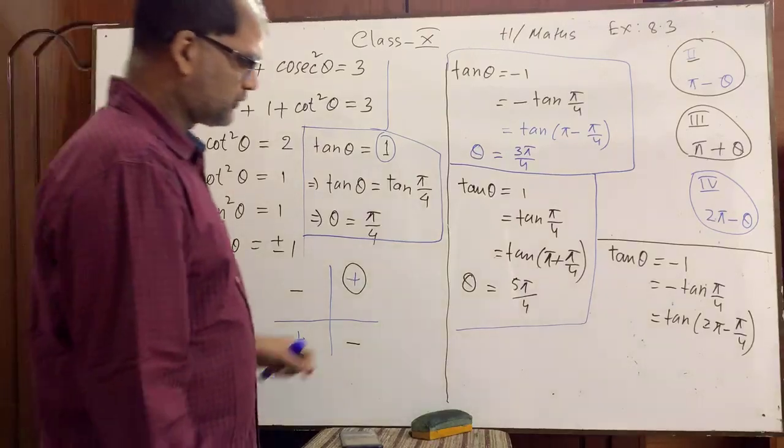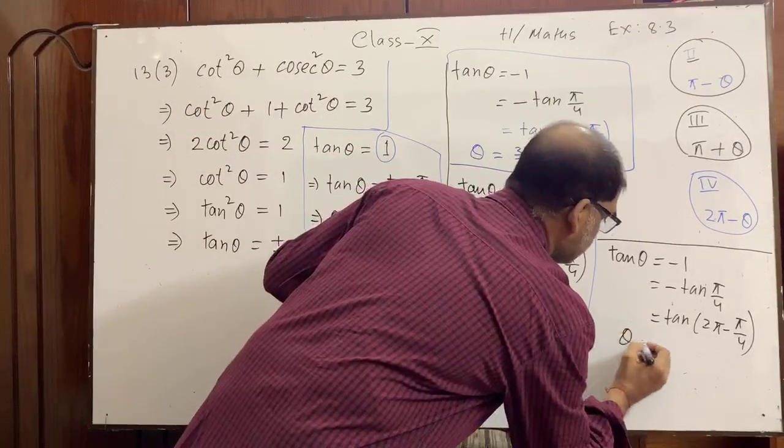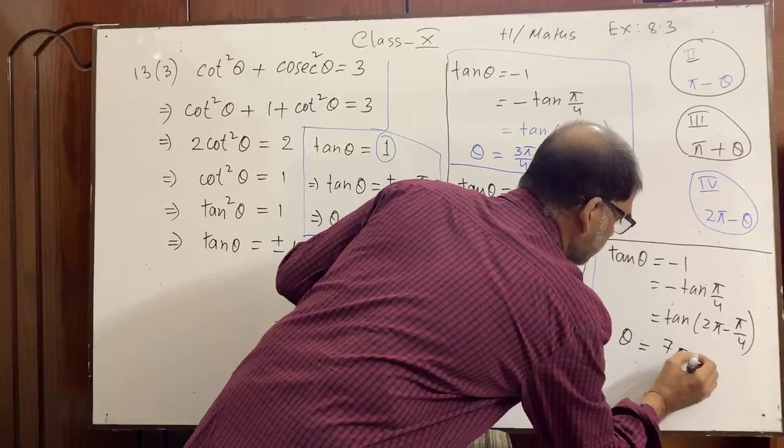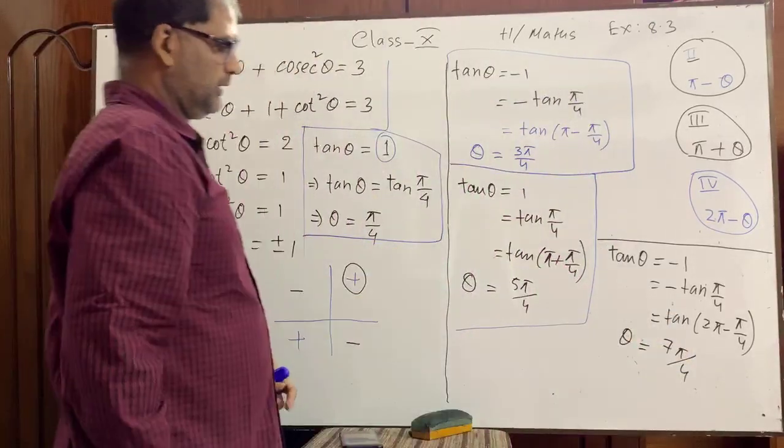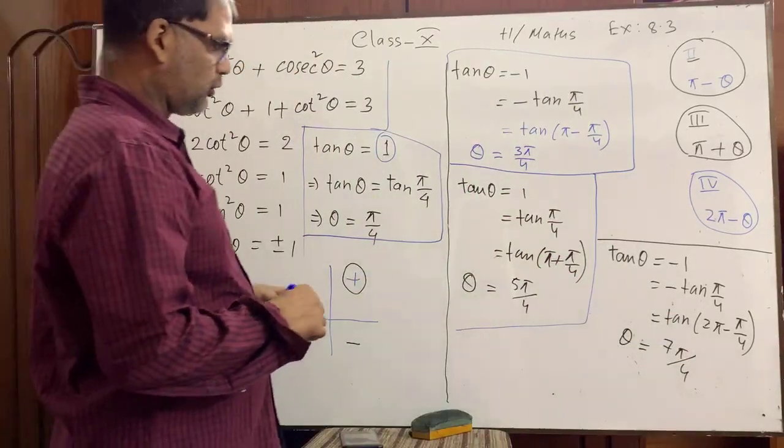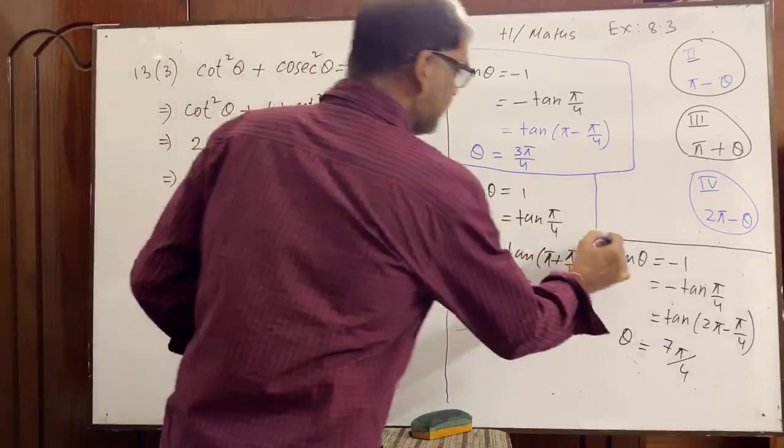So theta equals 7 pi by 4. Okay? So that is the fourth quadrant.